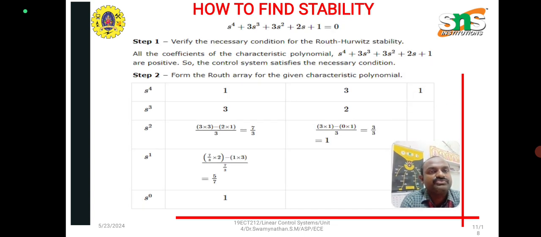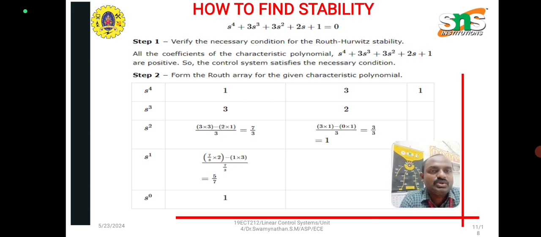Now how to find the stability: s power 4 plus 3s cube plus 3s squared plus 2s plus 1 equal to 0. The rows are s power 4, s power 3, s power 2, s power 1 and s power 0. The s power 4 row takes the even coefficients: 1, the s squared coefficient 3, and the s power 0 coefficient 1. If any term is not available, consider it s power 0, and anything to the power 0 is equal to 1.